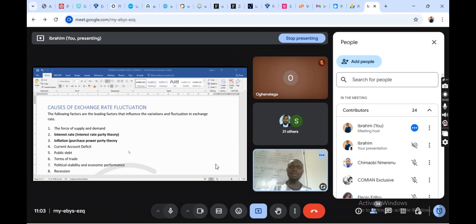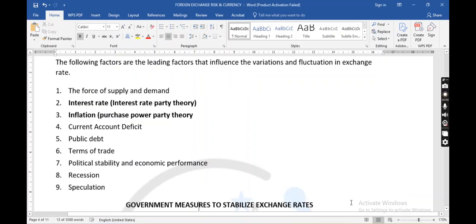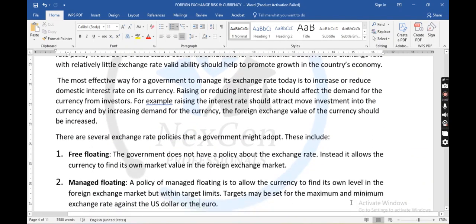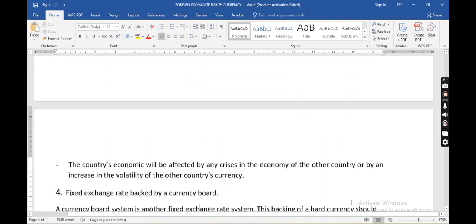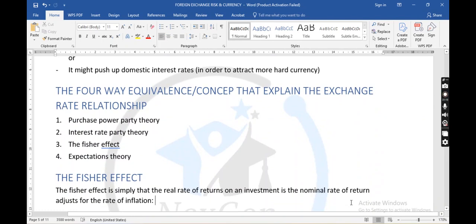We'll get there. Now, the causes of exchange rate fluctuation: the forces of demand, the interest rates, you can read this. The interest rate, the public debt, and all that. Government measures to stabilize exchange rates, you can read this as well. This is our focus.